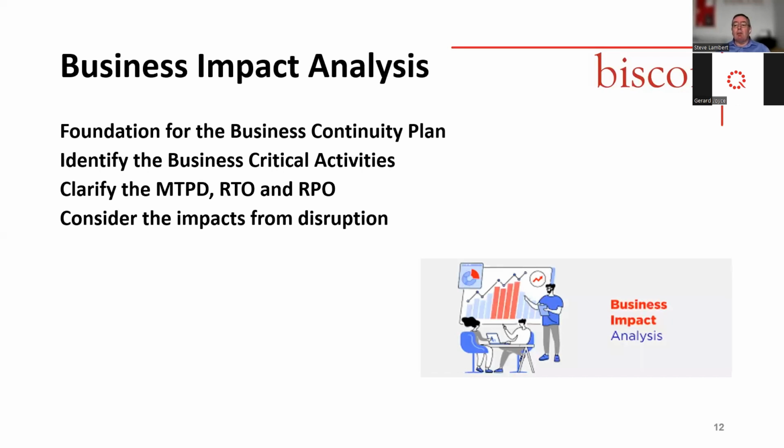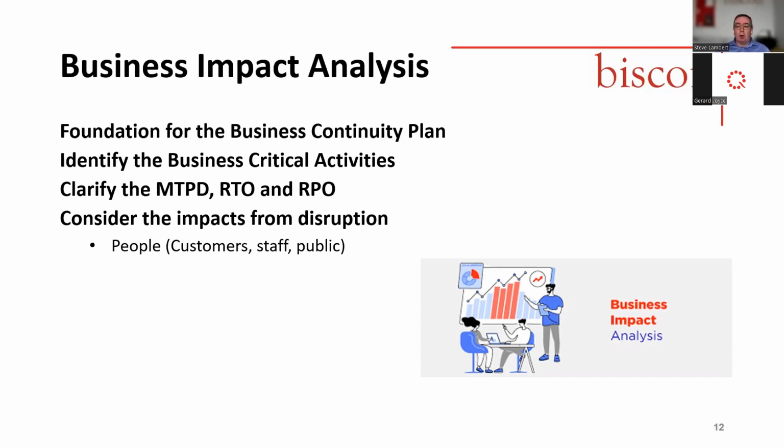And then considering the impacts from a disruption: what are the impacts on the organisation if you are affected by an incident? The first thing you need to consider is the people aspects. What is the impact on your customers if you can't deliver that service? We've seen with some housing associations last year that they were struggling to provide their services for several weeks following a cyber incident.